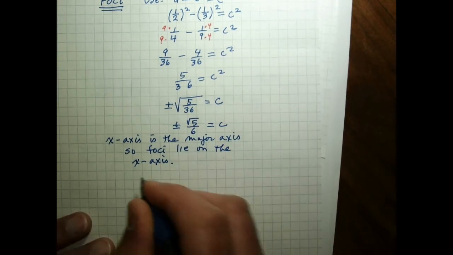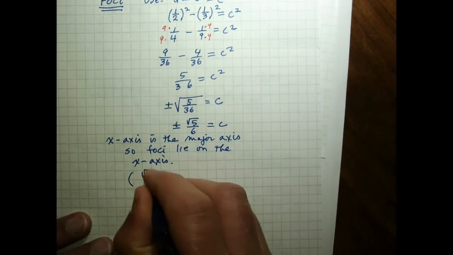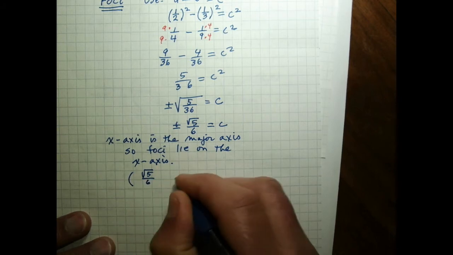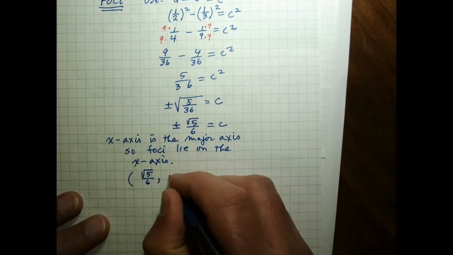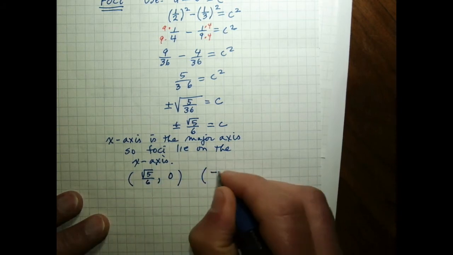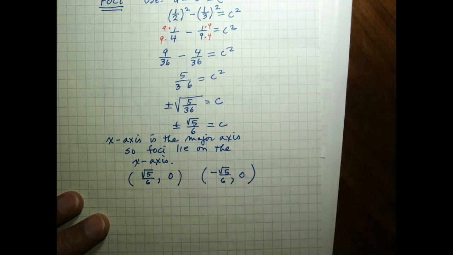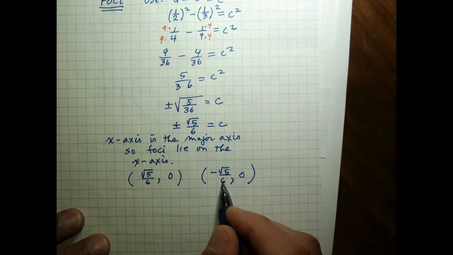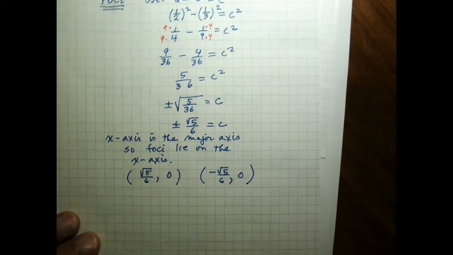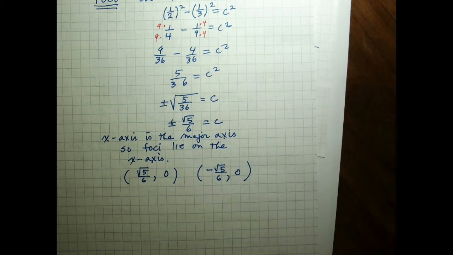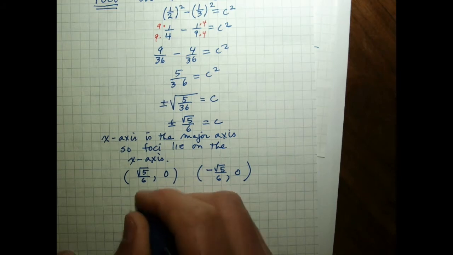So these must be x-coordinates of points. So the square root of 5 over 6 goes in the first coordinate position, comma 0. Negative square root of 5 over 6 goes in the first position, again, negative x value, 0. And those two points are going to lie on the x-axis.